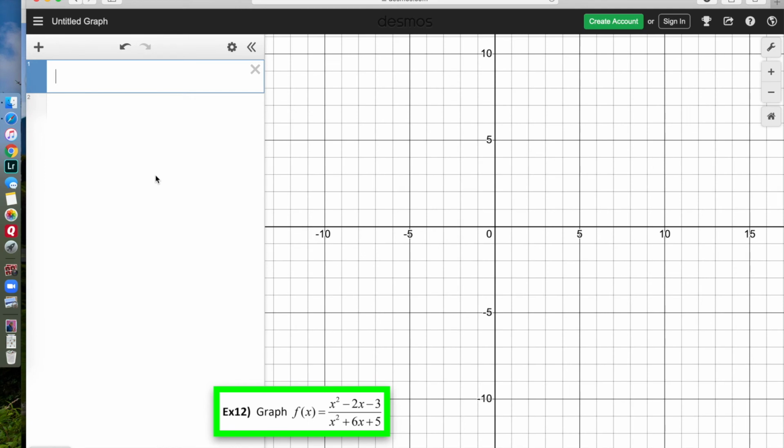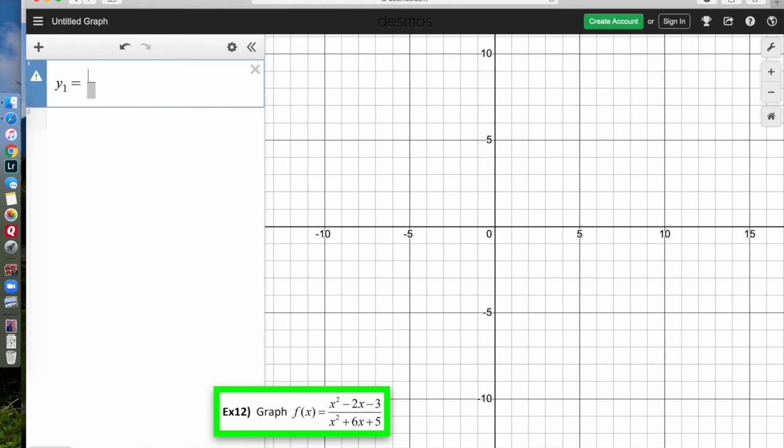For example 12. Remember that we want to type in the equation using y1 equals, so that we can make the table of values later. Then I'm going to hit the divide sign so that I can create a fraction for myself.